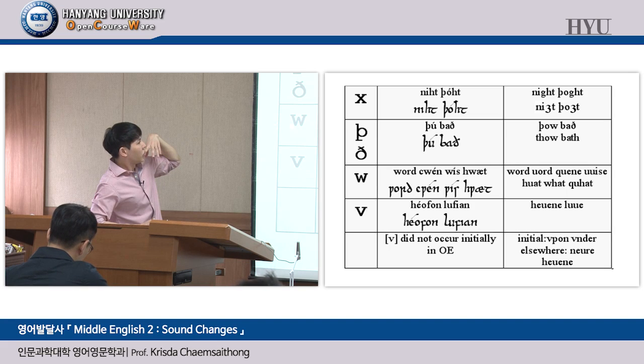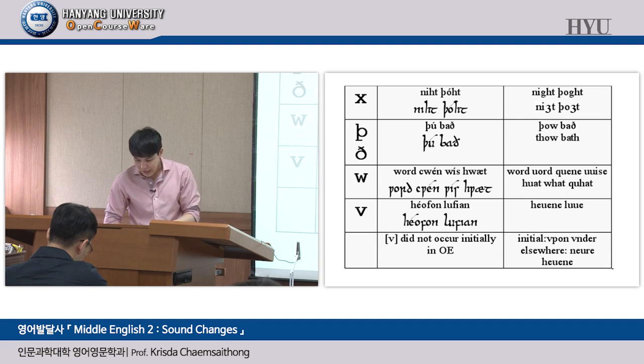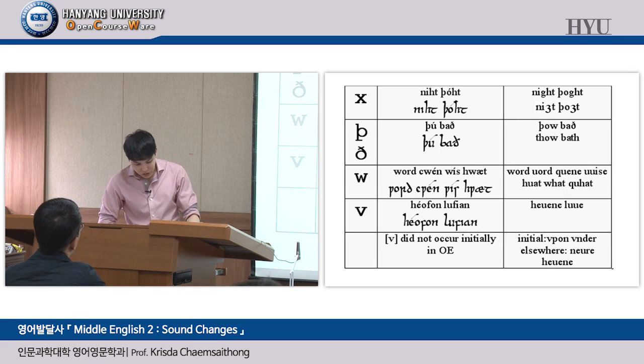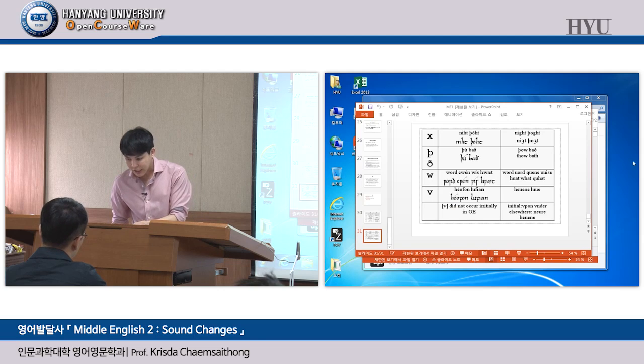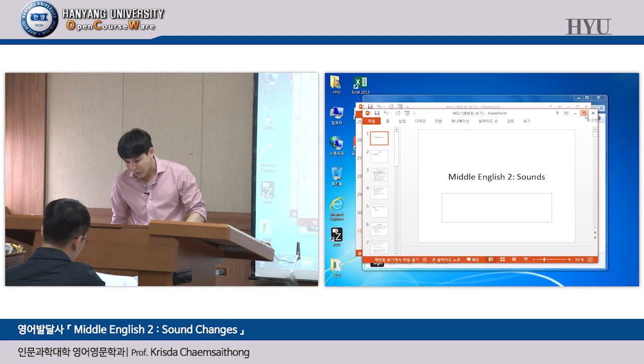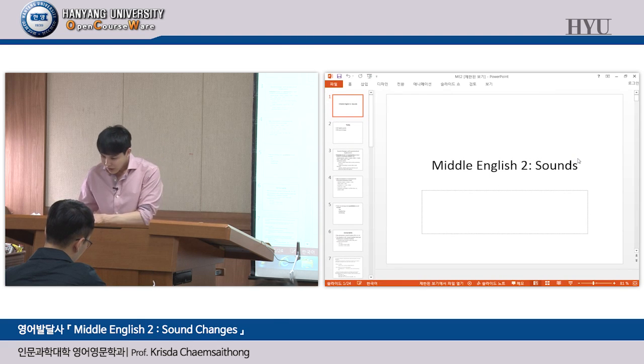And the wynn came to be represented by the W, right? And the V came to be written as U. Right? So these are spelling changes. Now what we'll do is we'll move on to sound changes, right? So we studied spelling, and now we move on to sounds.